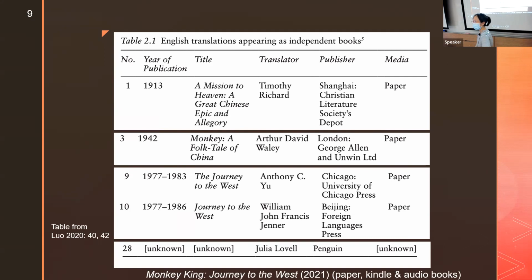That is, I think, to entertain the readers, because I think that is partly connected with the war background during that time. He also mentioned in his preface that the monkey was revolutionary, kind of, he has some revolutionary spirit, and that is what he thinks readers may need at that period, at that war period.